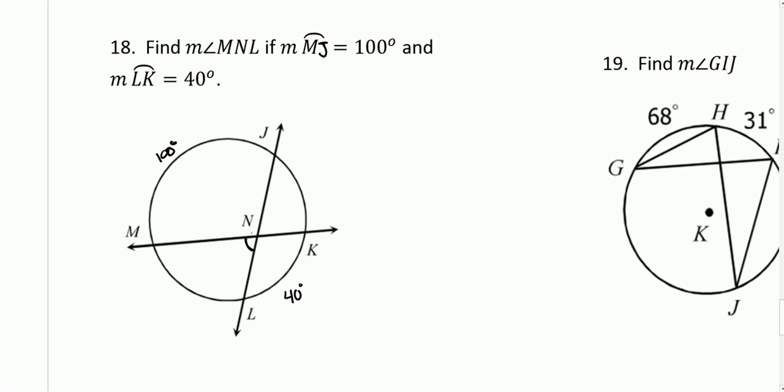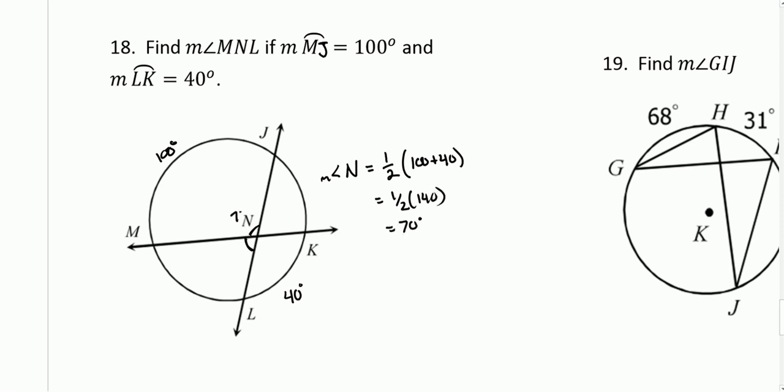So we can find, first of all, the measure of angle N. So the measure of angle N, in that case, is going to be 1/2 of 100 plus 40, which is 1/2 of 140, which is 70.